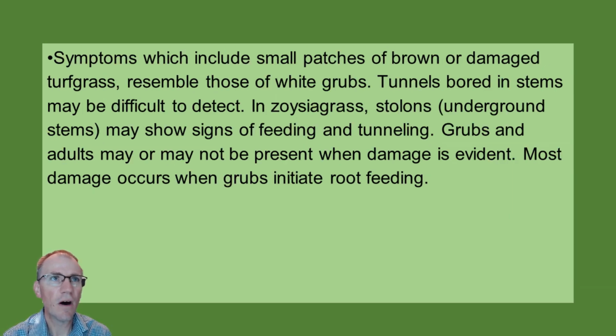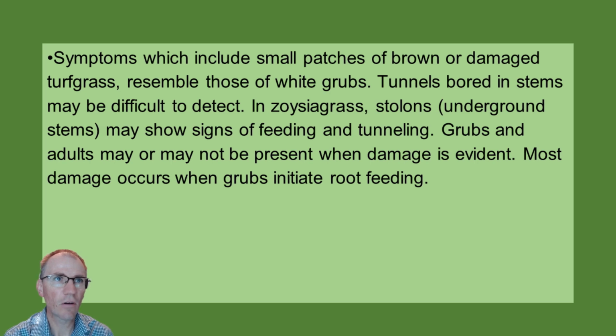Symptoms, which include small patches of brown or damaged turfgrass, resemble those of white grubs. Tunnels bored in stems may be difficult to detect. In zoysia grass, stolons, underground stems, may show signs of feeding and tunneling. Grubs and adults may or may not be present when damage is evident.